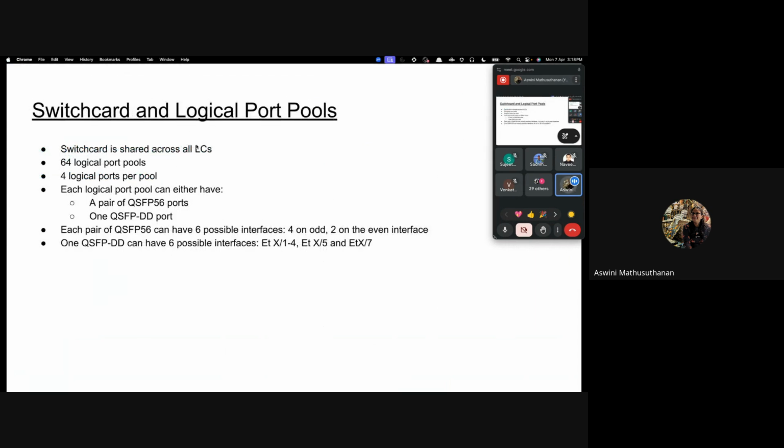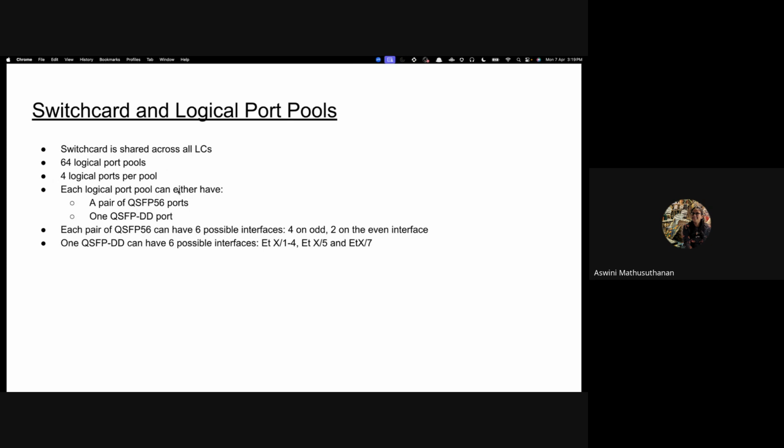Okay. So again, the switch card is shared across all the LCs, and there are 64 logical port pools. So 4 logical ports can be active per pool.